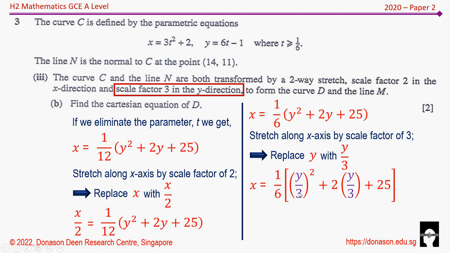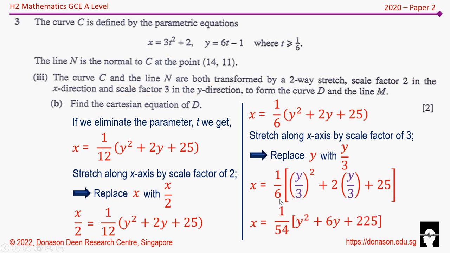It will be y squared over 3 squared, that's 9, and then after that we can expand out with the 6, or we can just factorize out, so we will end up getting x equals 1/54 times y squared plus 6y plus 225, and this would be the Cartesian equation for the curve D. So that should give us another 2 marks.